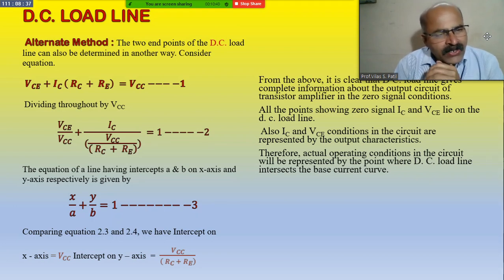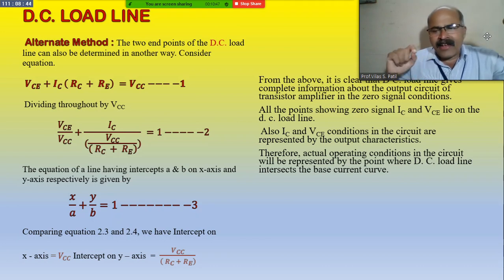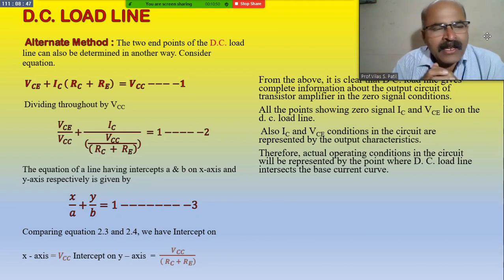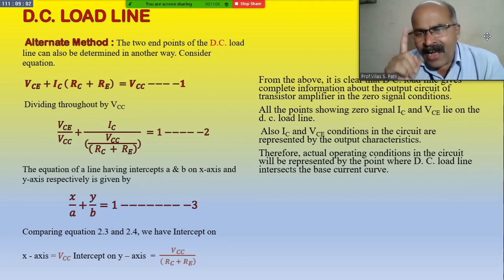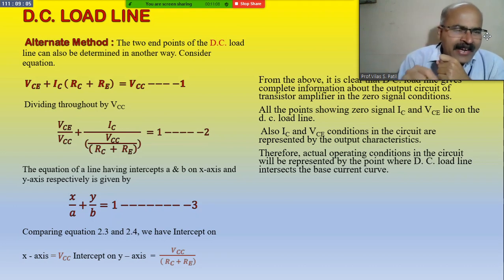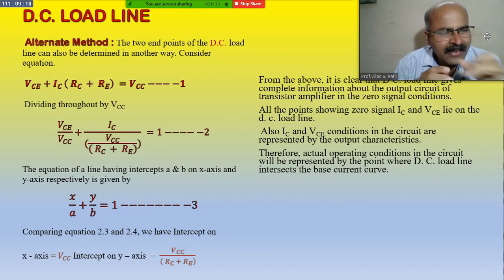If we draw one straight line which intersects both the axes, the IC axis as well as the VCE axis, then that line is known as a DC load line. IC is the Y axis and VCE is the X axis. And this is the relation on the slide.